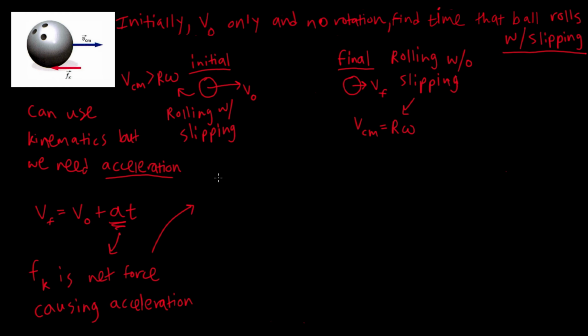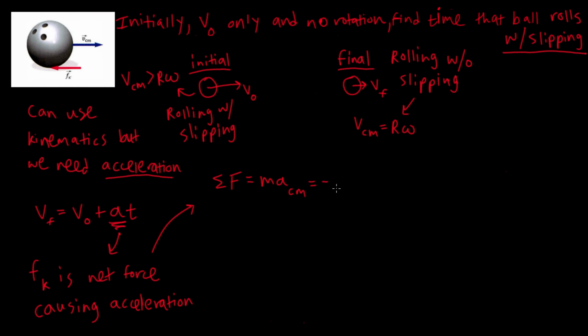What we can write from this is that the sum of the forces acting on the bowling ball is equal to ma, the mass of the ball times the acceleration of the center of mass of the ball, which is just Newton's second law, F equals ma. That's equal to the net force acting on the object, which is the force of kinetic friction.